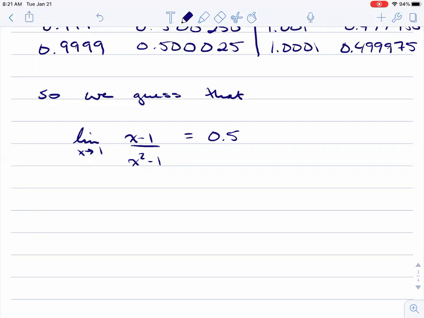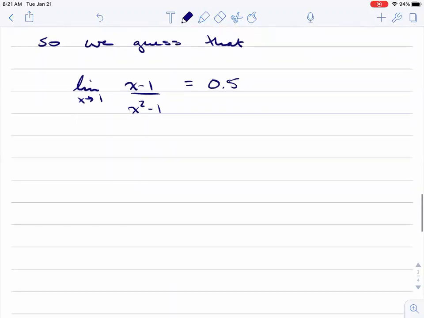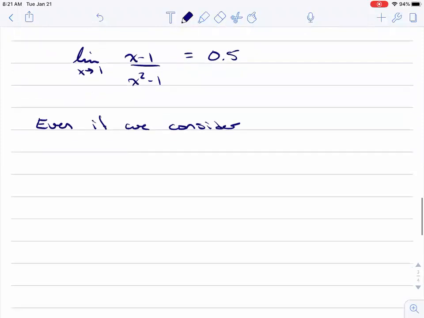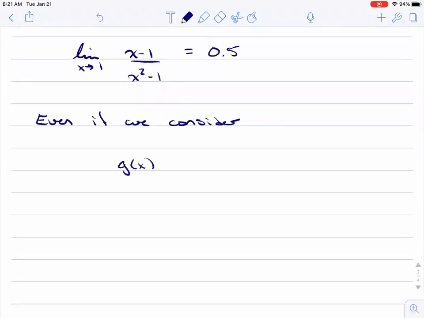Even if we consider some function g of x, which is going to be the same as f of x, the function that we just dealt with, x minus 1 over x squared minus 1, if x is not equal to 1.